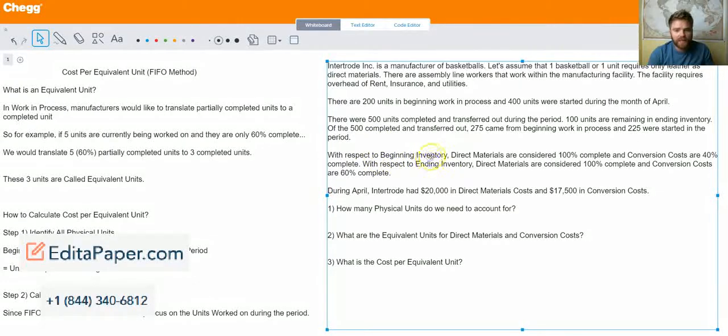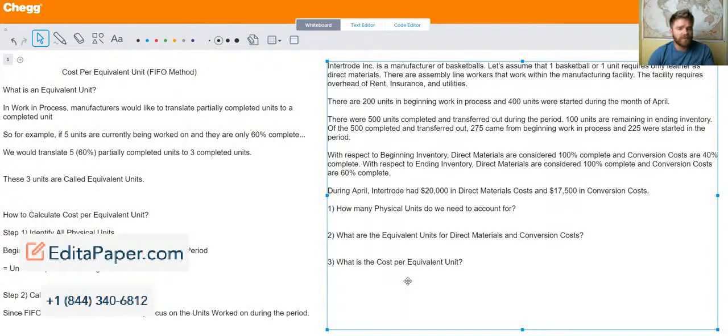With respect to beginning inventory, direct materials are considered 100% complete, and conversion costs are 40% complete. So what they're saying is that the units in beginning inventory, all the materials, so all the leather has already been thrown into the mix. So it's been 100% complete in regards to leather.